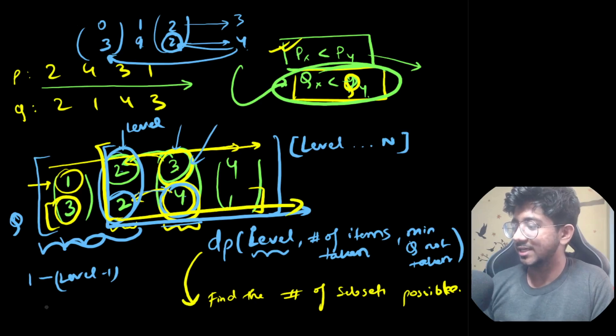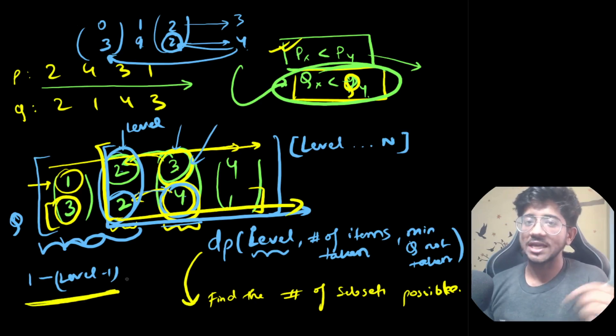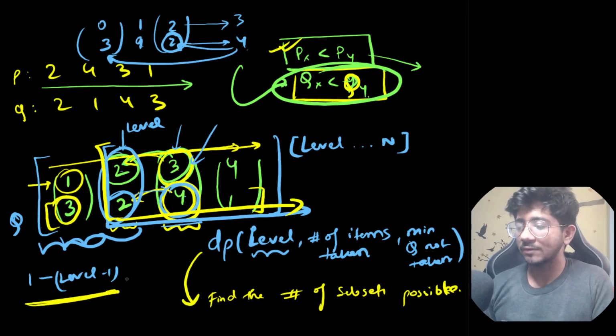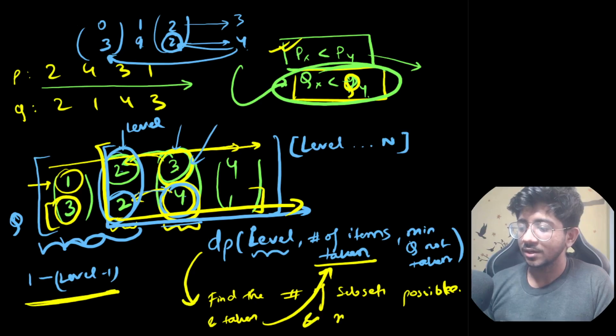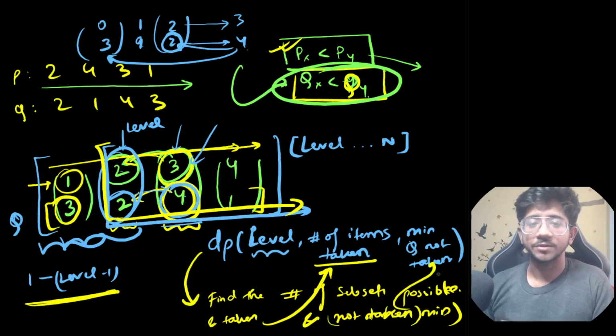You have already decided the choice of taking and not taking for the items in 1 to level-1. The number of items taken is present over here, and the minimum of not taken is present over here. So with these two extra pieces of information in the states, what is the number of subsets that you can create is what you return from the DP.